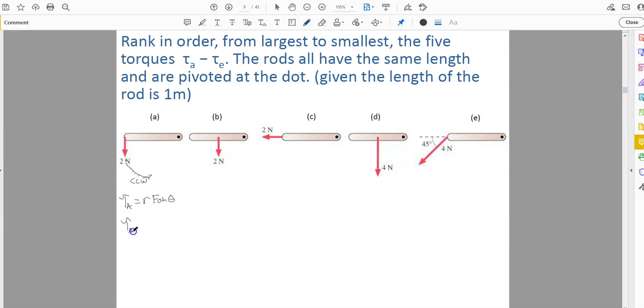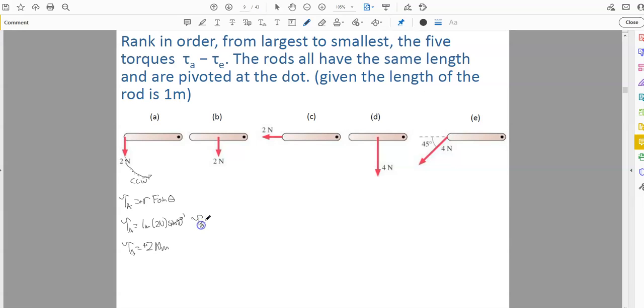Our torque is going to be 1 meter times 2 newtons times sine of 90 degrees, which is just 1. This ends up being 2 Newton meters, and that'll be a positive torque since it's moving counterclockwise. All right, cool. Torque A is done.